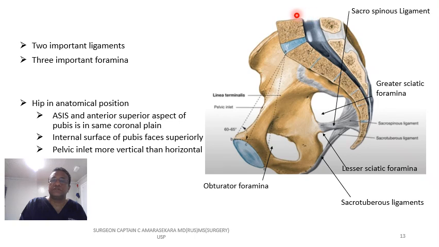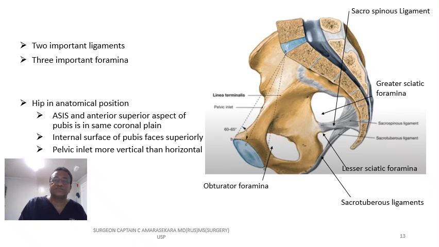This is where you get the passage for neurovascular structures. It is formed by the pubis and the ischium, and it gives passage to the obturator nerve and vessels.